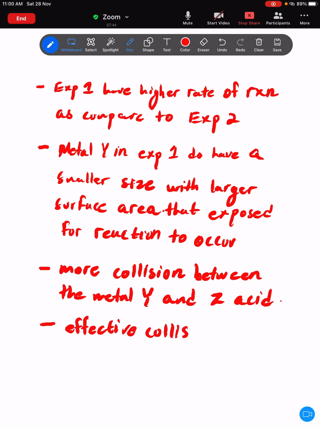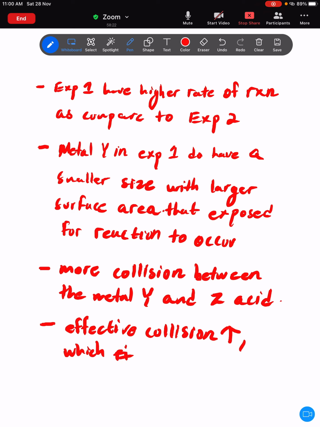What do you mean by effective collision, guys? Effective collision is a product. It produces a product. You are right, but it will be better. Effective collision increases, which stands for what?